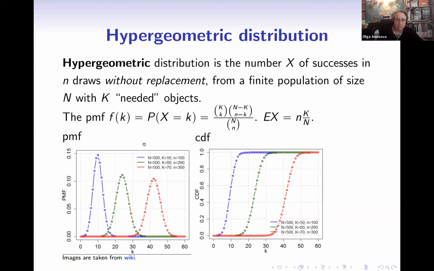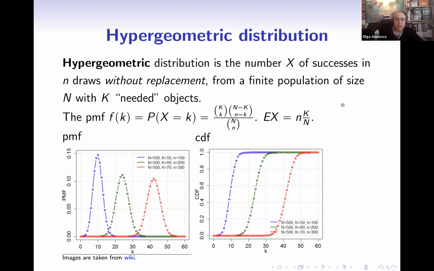So the shape is similar, the formula is slightly different, and the expected value is also slightly different. Instead of NP, it's NK divided by N. Not much difference here, isn't it? So if you're having not independent events, just use this hypergeometric distribution.